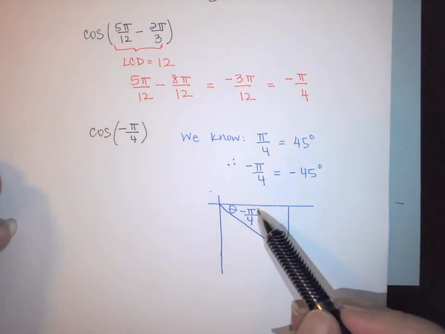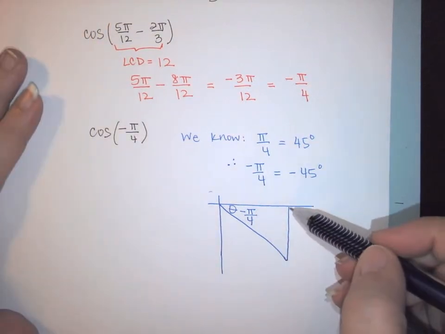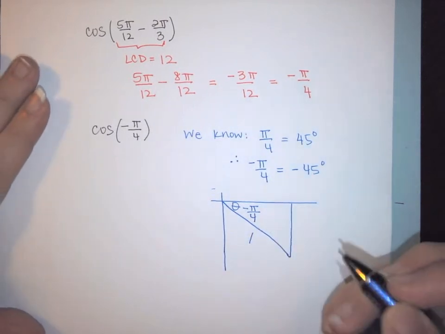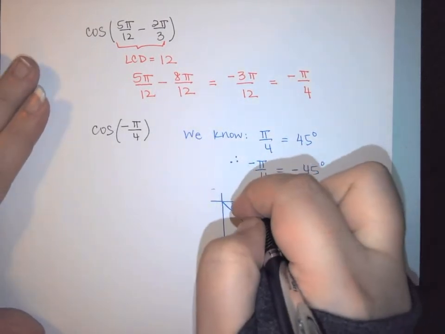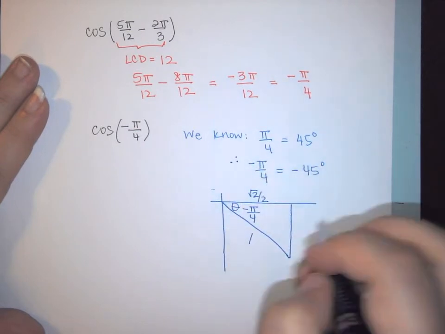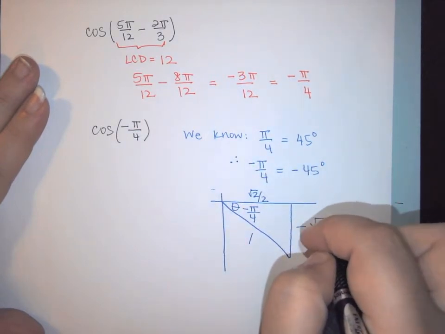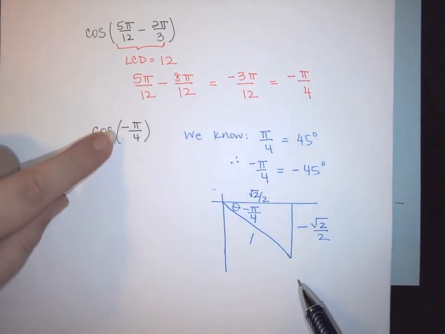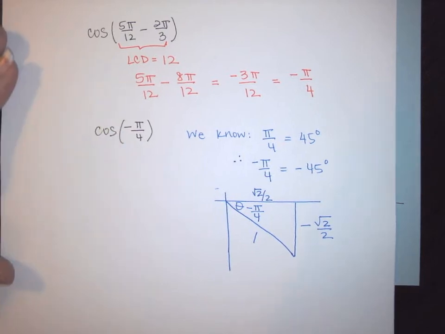And so here what I know is that pi over 4 is that 45. And so my radius is 1. This is a positive x, so this is the square root of 2 over 2. This is a negative y, so negative square root of 2 over 2. Now the reason this is important is because when we evaluate here, we have to take the sign into account.